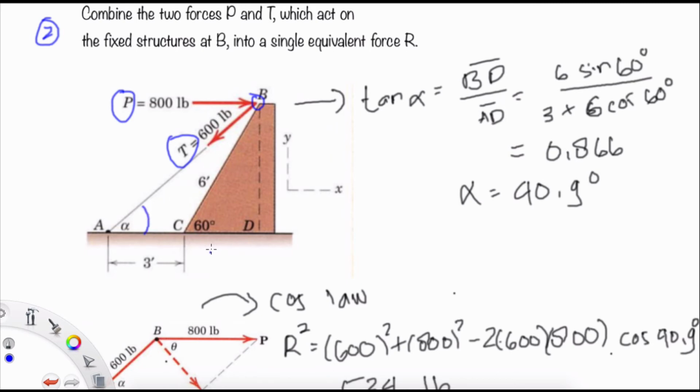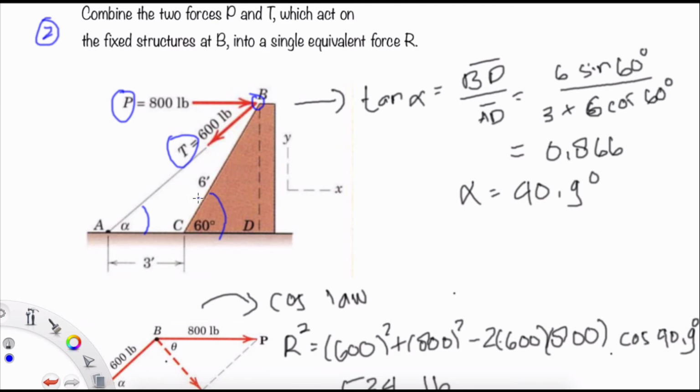Alpha is here. What information do we have? We only have the information of this B to C. It is 6 feet, and then we have this angle of 60 degrees between B, C, and D.